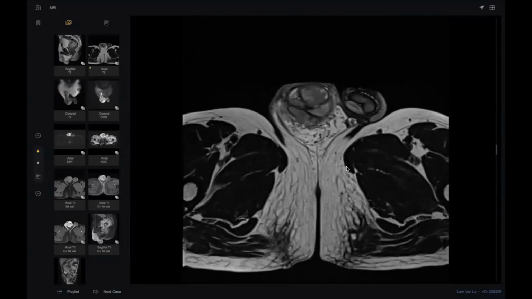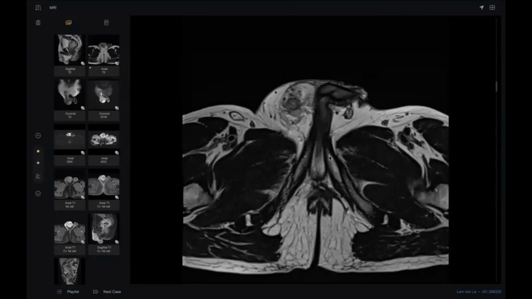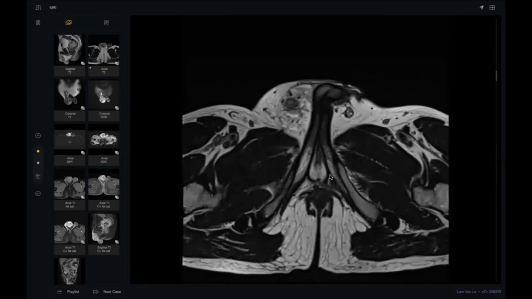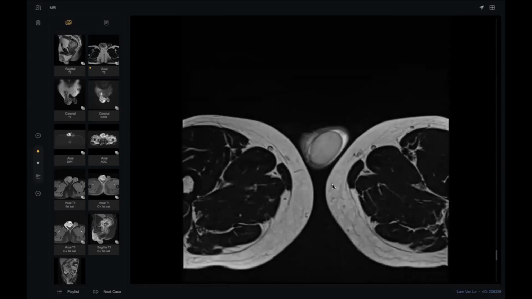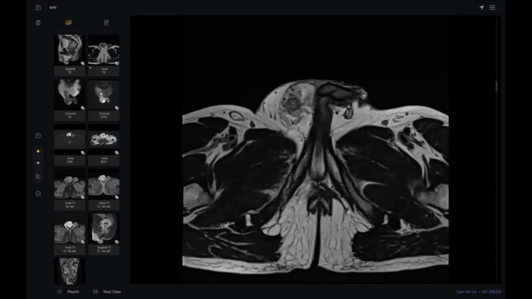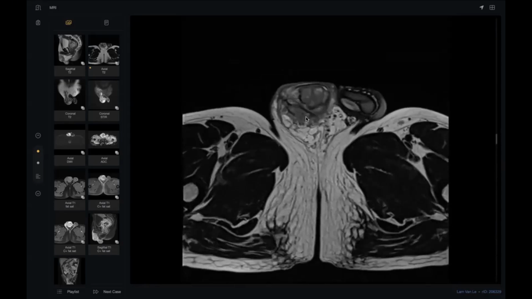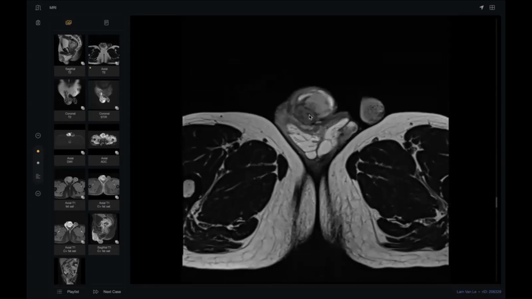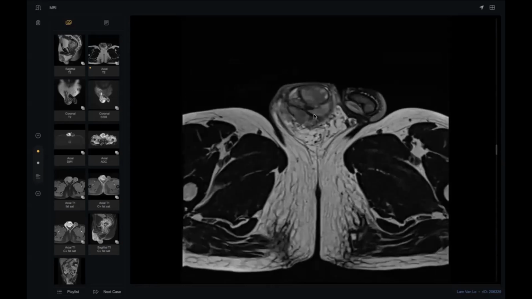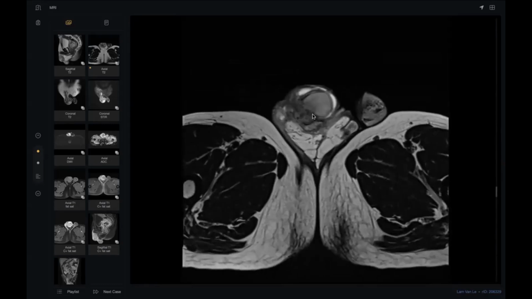So on axial images, first I'm going to my area of interest and I will check the scrotal area. On axial images, I can see that there is a heterogeneous structure with cystic and some intermediate solid components seen in the right testis.